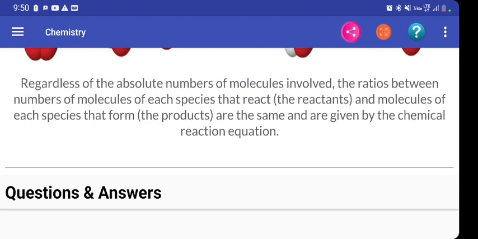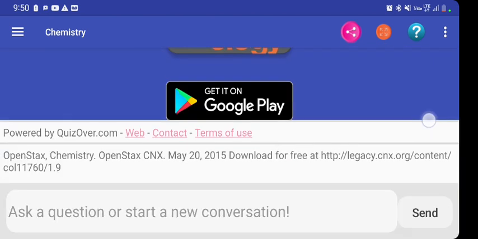Regardless of the absolute numbers of molecules involved, the ratios between the numbers of molecules of each species that react and molecules of each species that form are the same and are given by the chemical equation.